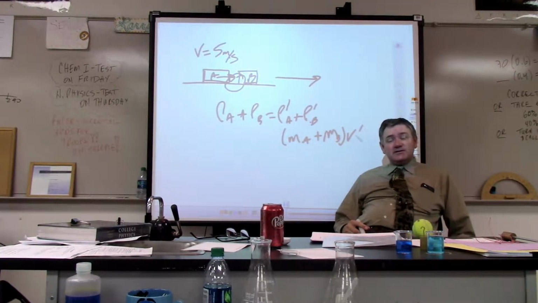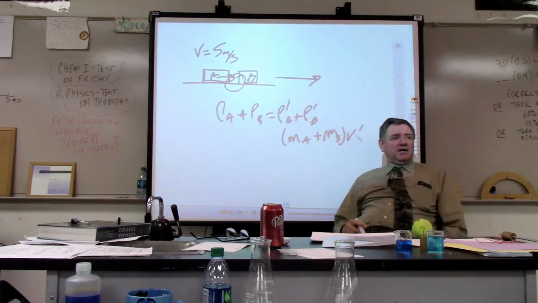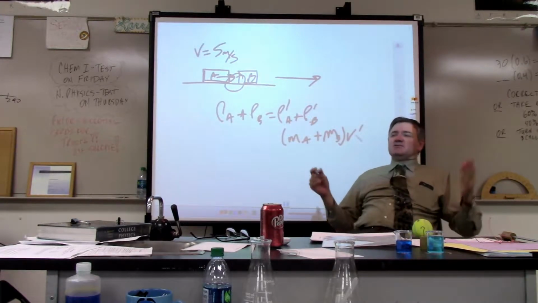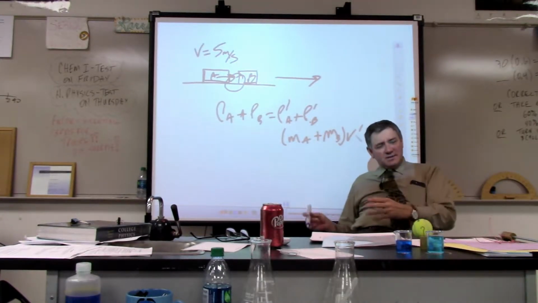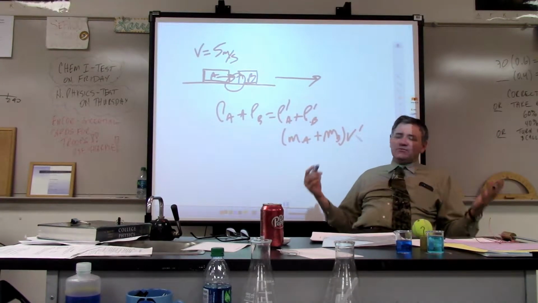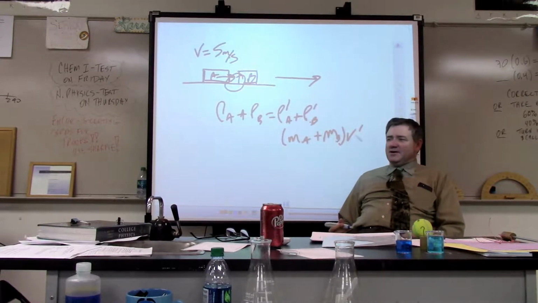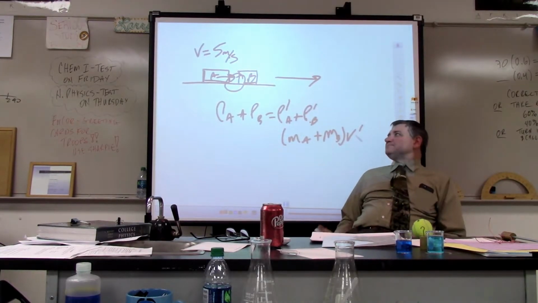Yes, and the magnitudes of the forces are equal and opposite. Do not make this complicated. Tomorrow, if I ask you, hey, something hits something, what do you know about the magnitude of the forces? They're equal and opposite. Don't screw it up, okay? There's nothing to think about.